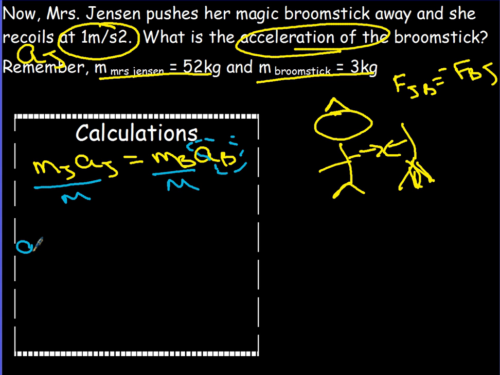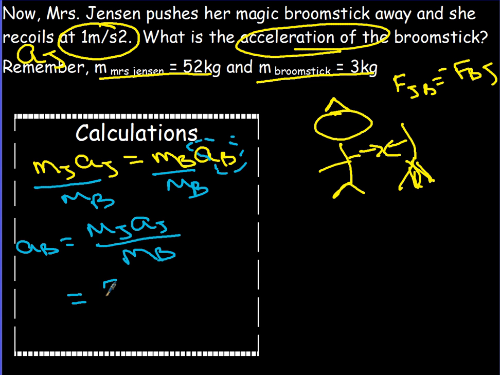So the acceleration of the broomstick is going to be the mass of Mrs. Jensen times the acceleration of Mrs. Jensen divided by the mass of the broomstick. Now we plug in our numbers. Mrs. Jensen has a mass of 52 kilograms. She has an acceleration of 1 meter per second squared.